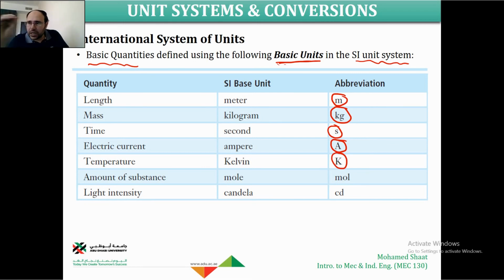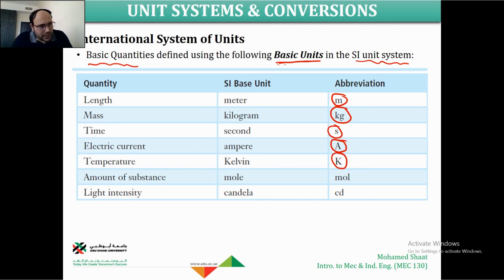But according to the standard of the SI unit system, the basic unit of temperature is Kelvin. Then the Celsius and other units used for giving the value of the temperature can be derived from this basic unit.